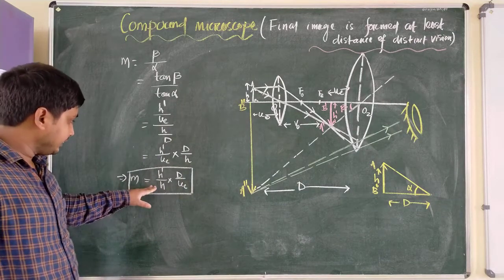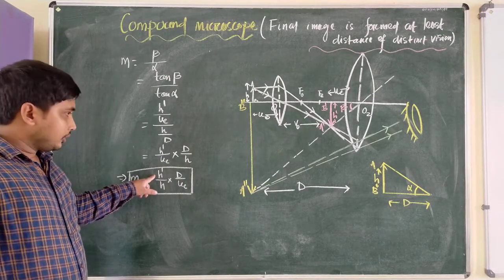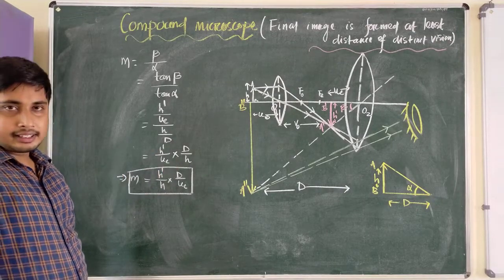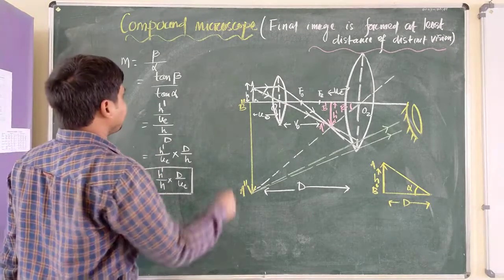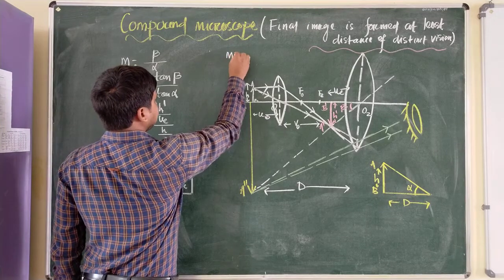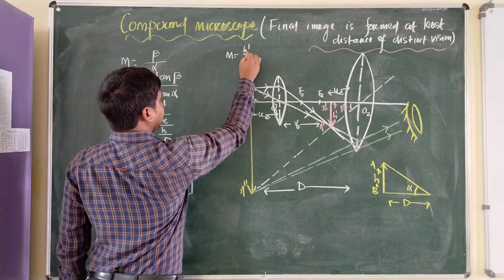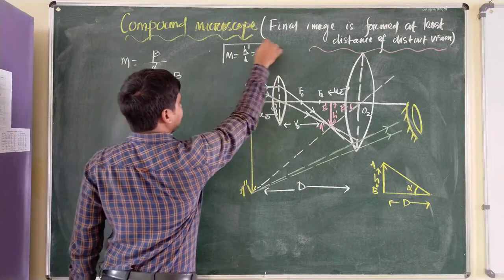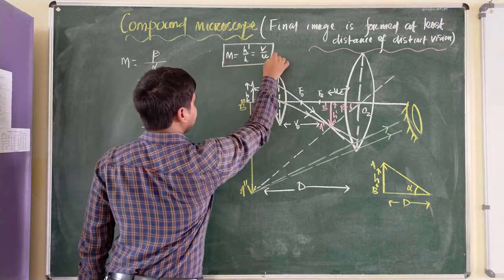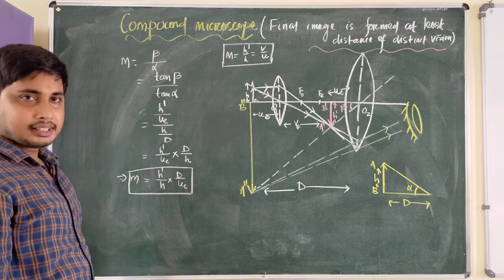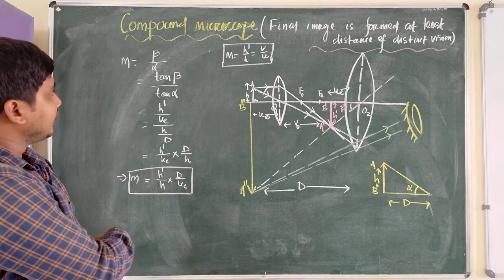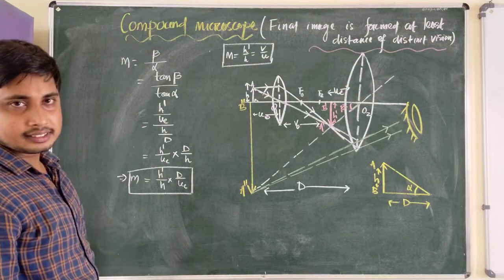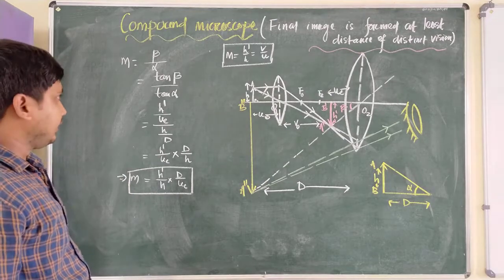Now just see here. We know that in the case of a lens, the formula for the magnification M is h prime by h equal to v by u, where h prime is the height of the image, h is the height of the object, v is the image distance, and u is the object distance.